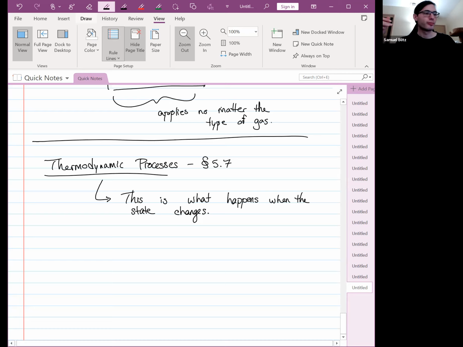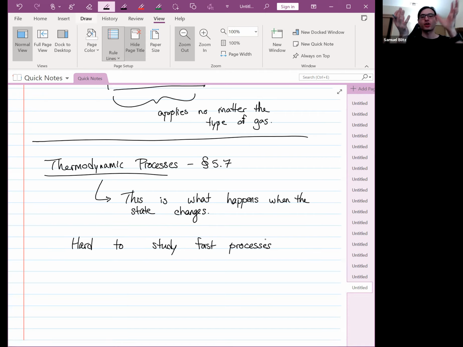Seems kind of obvious. Now, it turns out that it's hard to study fast processes, at least most of the time. There are some fast processes that we can actually study fairly well, but generally it's hard to study these. An example of a very fast thermodynamic process is you have a hot gas and a cold gas, and then you mix them.